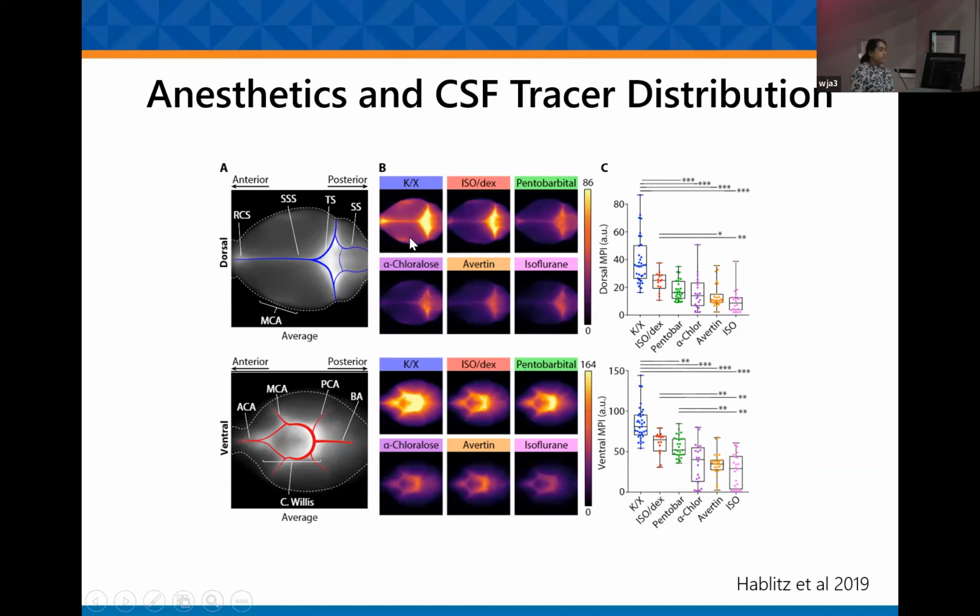What you can see from this is that ketamine with xylazine, and isoflurane with dexmedetomidine, showed the biggest amount of tracer uptake. Pentobarbital was intermediate, but you didn't see a lot of uptake with the other anesthetics. Particularly with isoflurane, there was definitely a difference when dexmedetomidine was included.